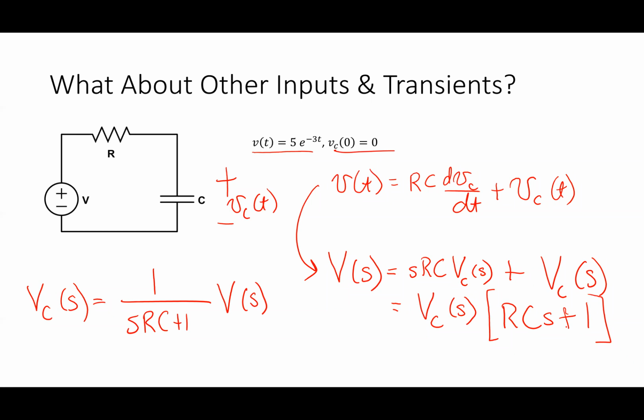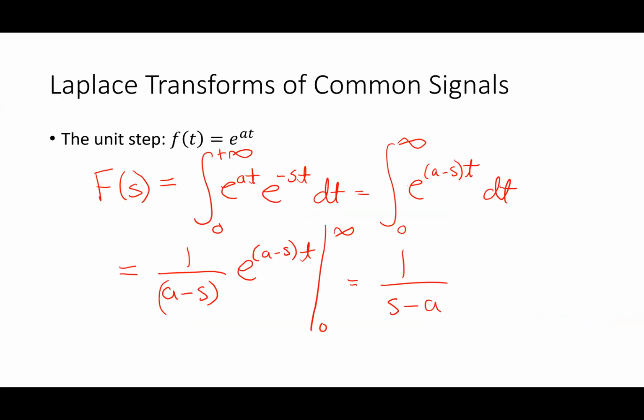Now, we derived a little bit ago what V of s was for this special type of input, 5e to the negative 3t. Didn't we derive something like that? We had e to the at, and that became 1 over s minus a.